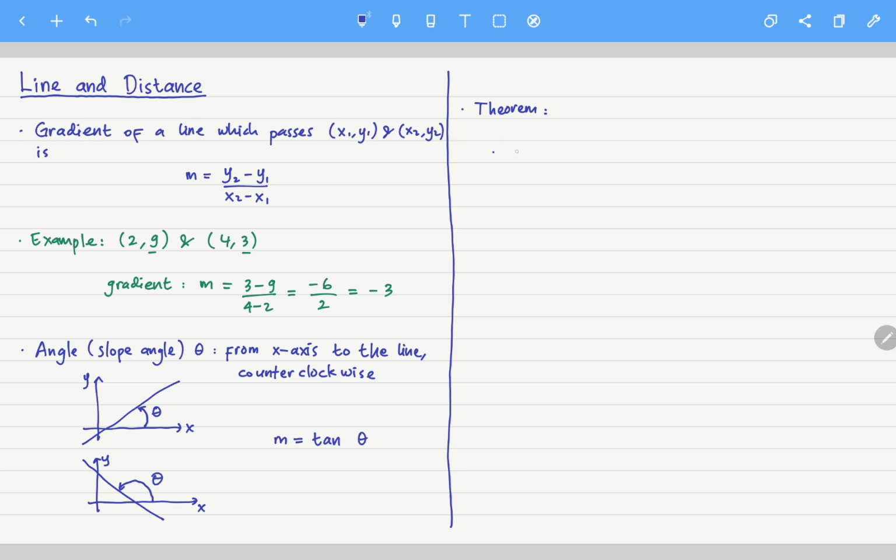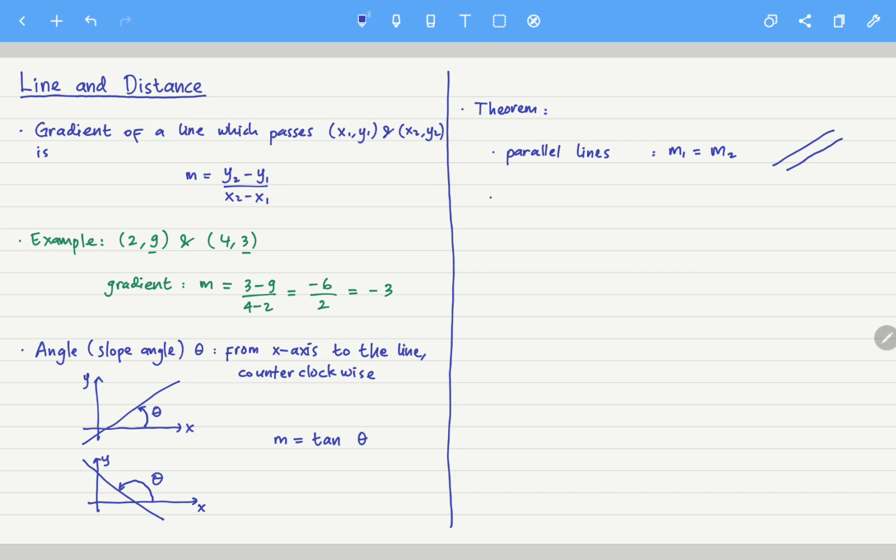So if we have two lines and they are parallel, then the gradient of the two lines, so let's say the gradient of the first line is m1, is equal to the gradient of the second line. If we draw it, let's say we have the following two parallel lines.